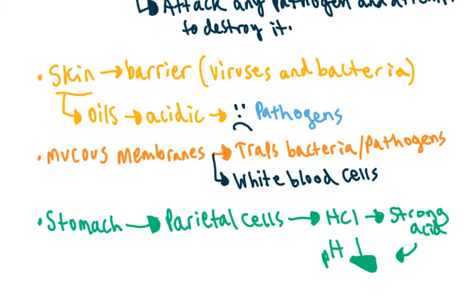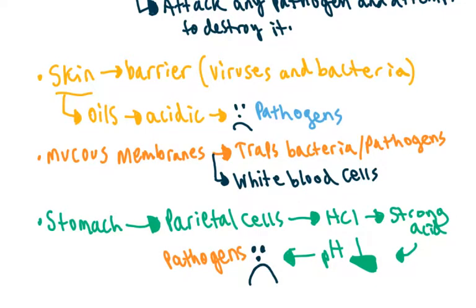So your stomach acts like a non-specific immune system barrier. The low pH makes the living situation for any type of pathogen horrible.